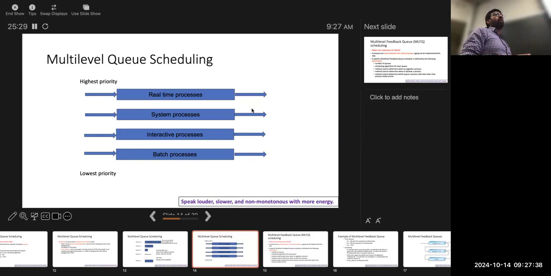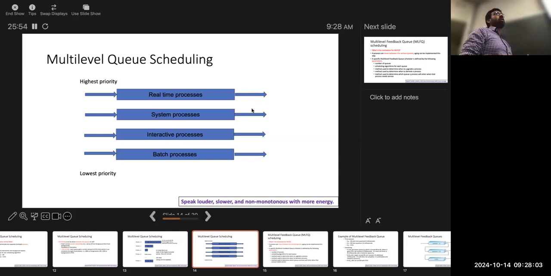But here we have separate queues for each priority level. Which basically means that as you increase the priority of a process, let's say first it was at priority level 7 and it didn't get the chance, so we increase its priority and now its priority level becomes 6. Initially it was in the queue of priority level 7, now it needs to be moved to the queue of priority level 6.